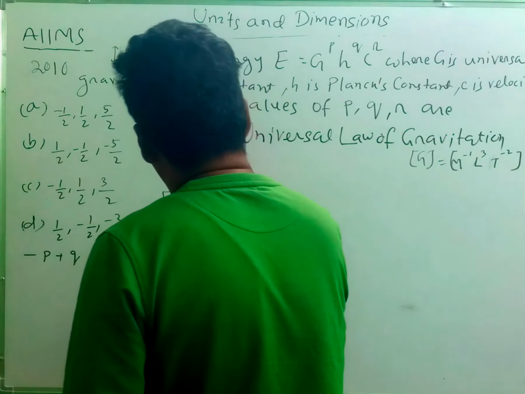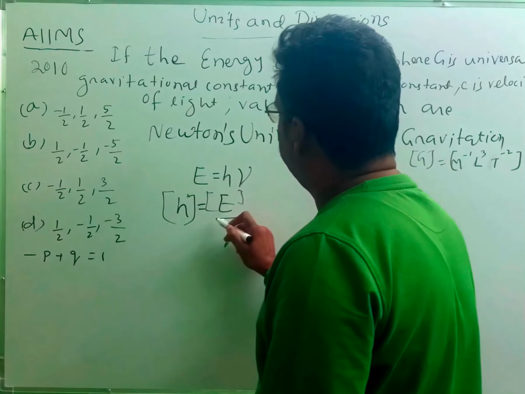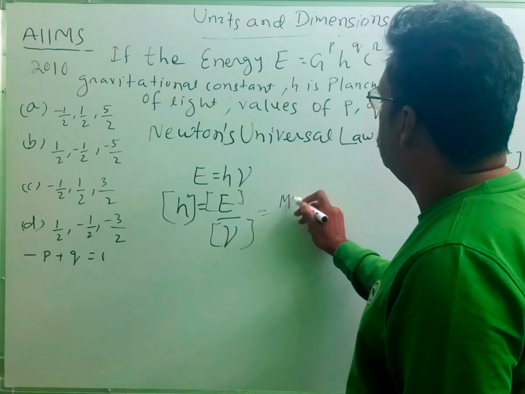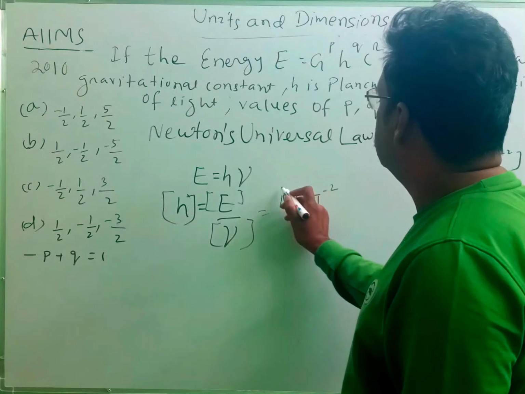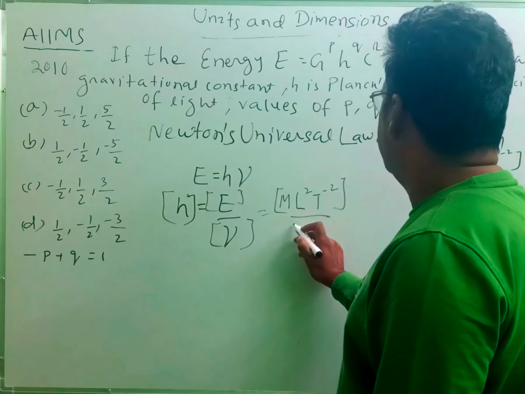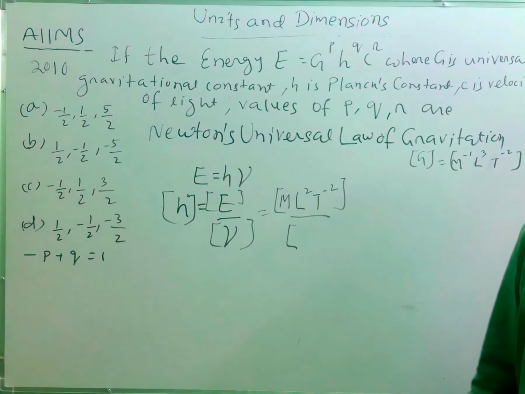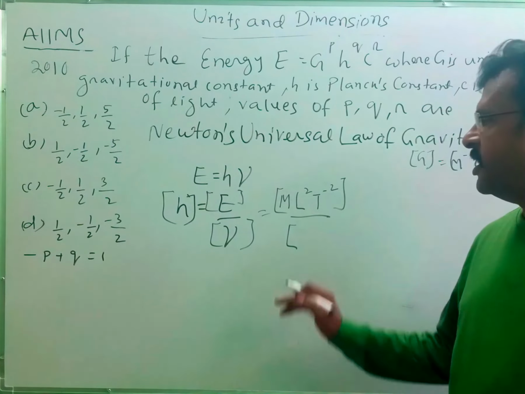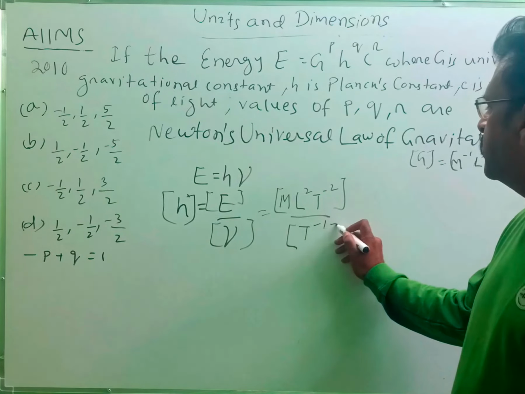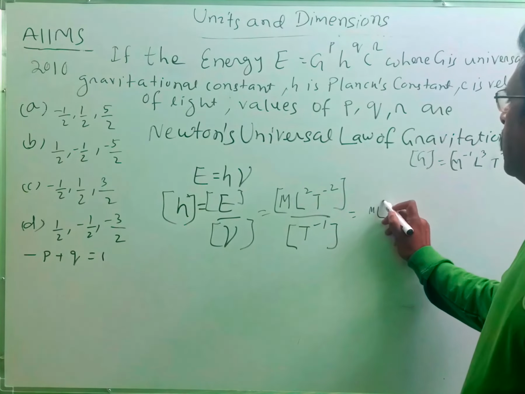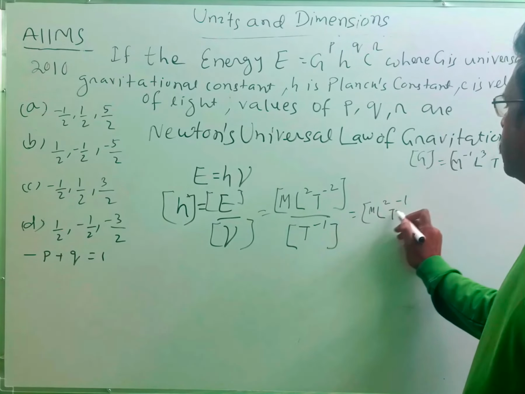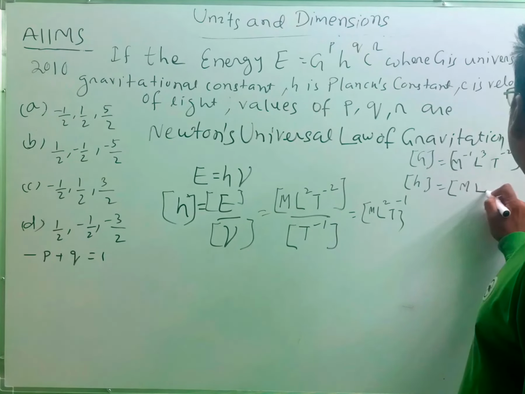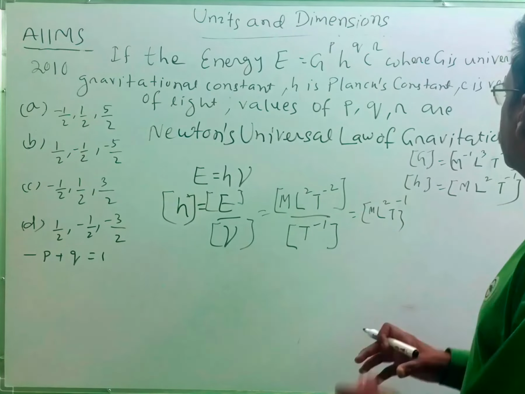So the dimensions of Planck's constant h will be the dimensions of energy upon the dimensions of frequency. What are the dimensions of energy, student? All forms of energy have dimensions M L2 T minus 2, and frequency is the number of oscillations per second, or the number of vibrations per second, and its formula is nu is equal to 1 by t. So its dimensions are T to the power minus 1. So this becomes M L2 T to the power minus 1. So let us write it here. H has dimensions M L2 T minus 1. Okay, student.